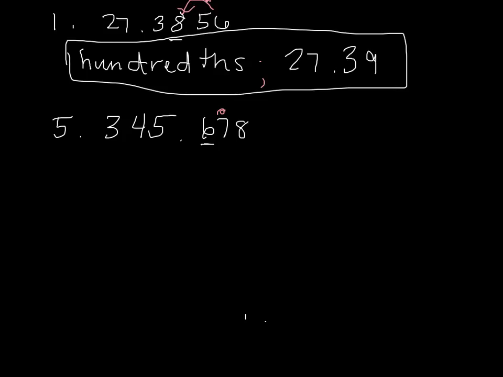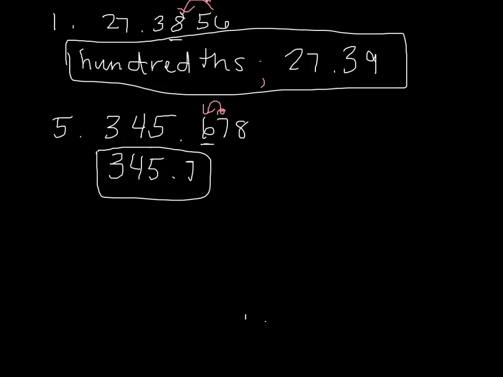It is 5 or bigger because it is a 7. So that means my 6 is going to round up to a 7. So when I round this, I'm going to write my answer as 345 and 7/10. Put a box around it because that is my answer. And it makes it a lot easier for me to grade when your box is around it. We're not going to do number 6. You can do that one on your own.